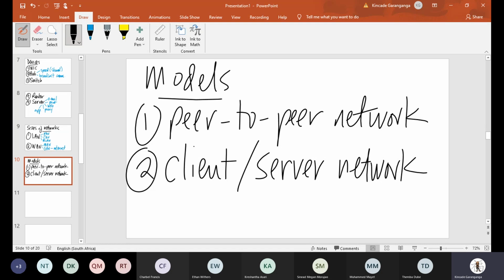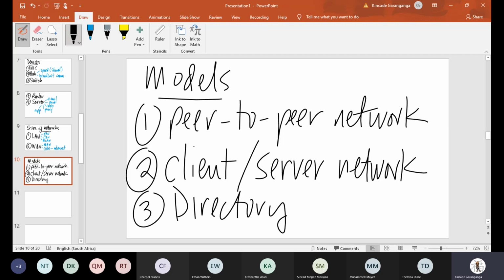And then the other one that you might want to discuss, which arguably can be a bit of a proprietary configuration, especially from a Windows point of view, is what they call a directory services network.